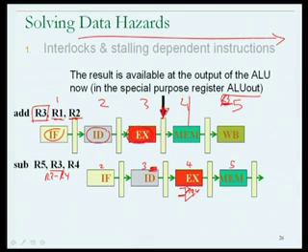In other words, it looks like there is scope here for avoiding stalling an instruction, because the desired value is actually available somewhere in the processor before it is actually required for doing the subtraction.